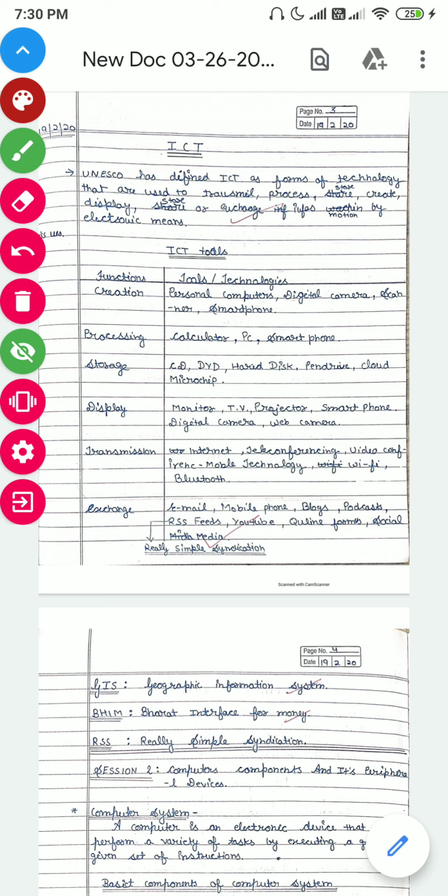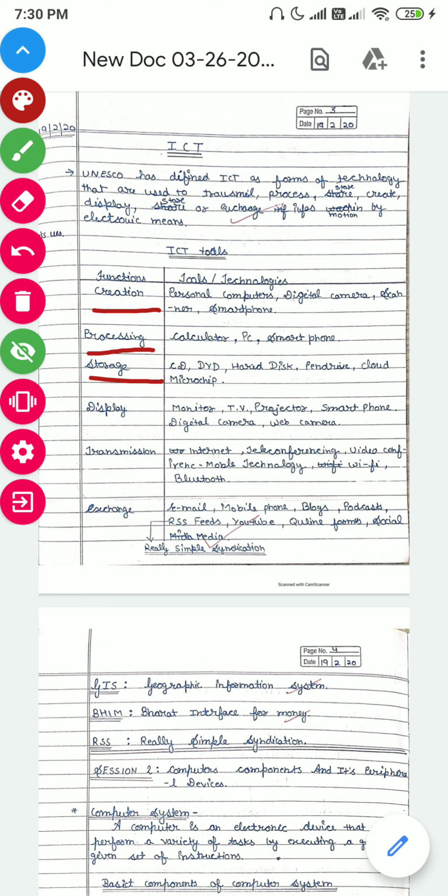ICTs can be used for creating. We can create anything using a personal computer, digital camera, scanner, smartphones. These devices use ICT to create something. And for processing, we are processing our data using calculators, personal computers, smartphones.